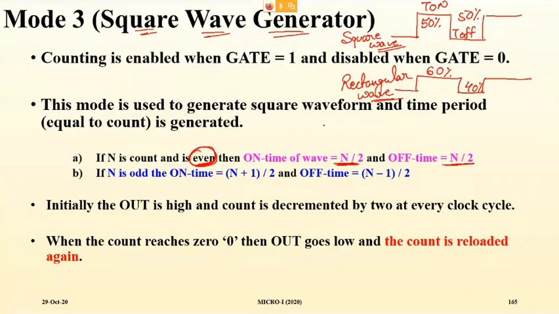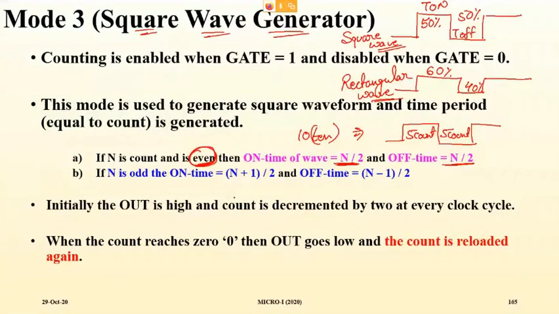Suppose you are putting count 10. Because it is an even count, for 5 counts it will remain high, and for 5 counts it will remain low. It is clear.